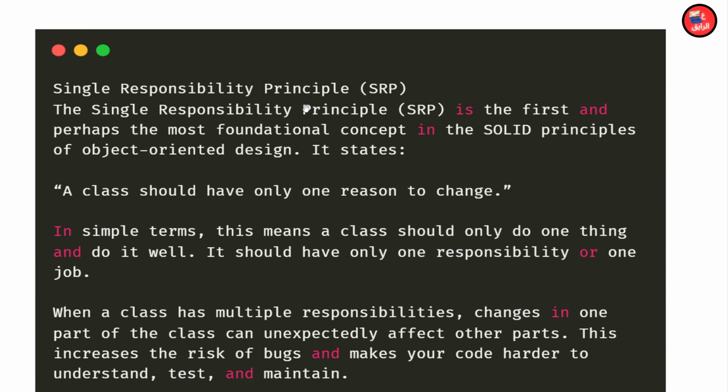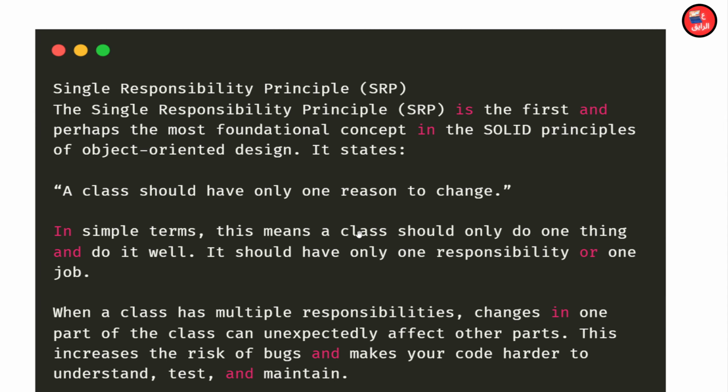What is the single responsibility principle? The single responsibility principle is the first and perhaps the most foundational concept in the SOLID principles of object-oriented design. It states a class should have only one reason to change.